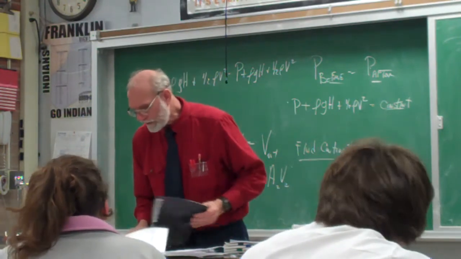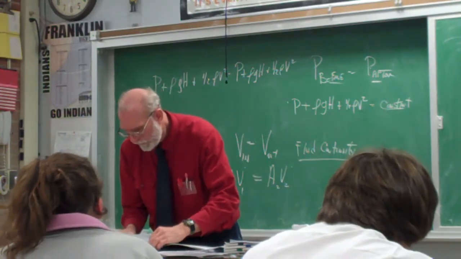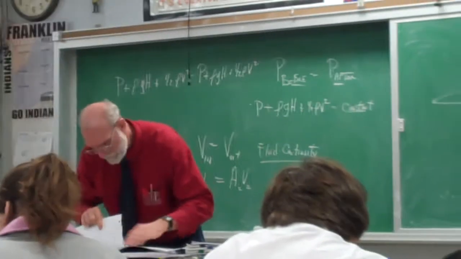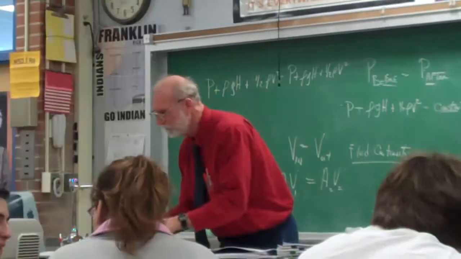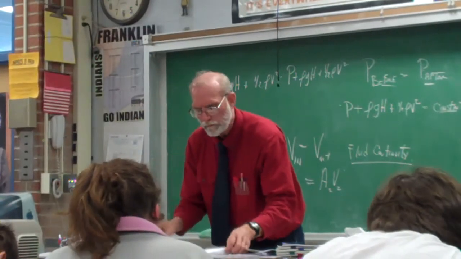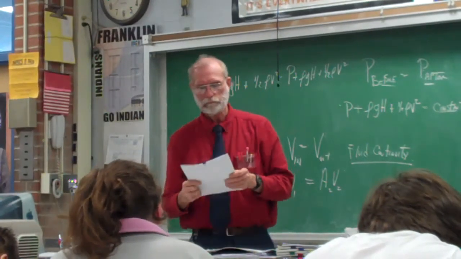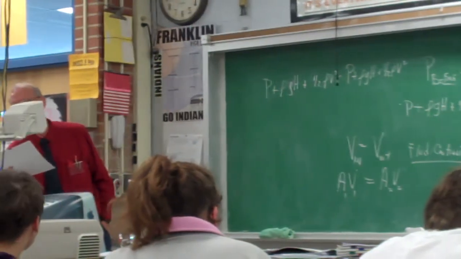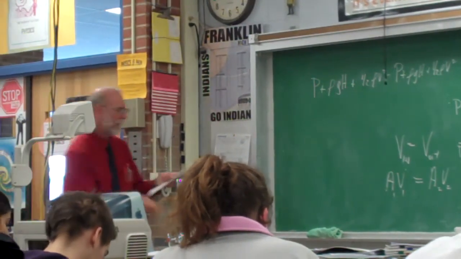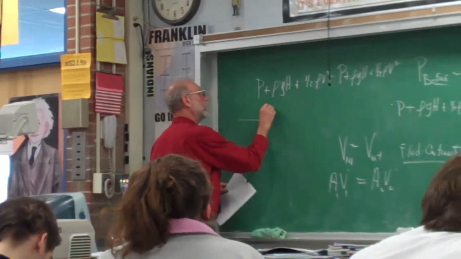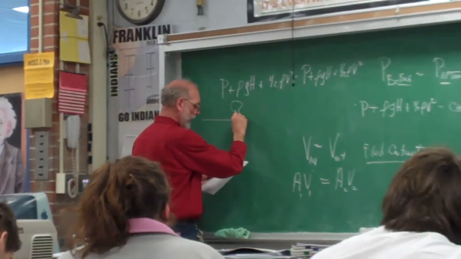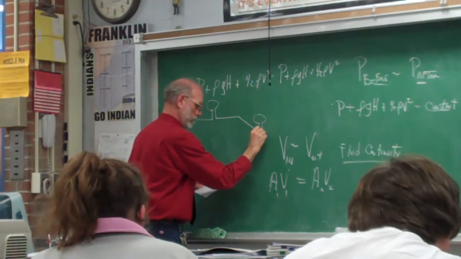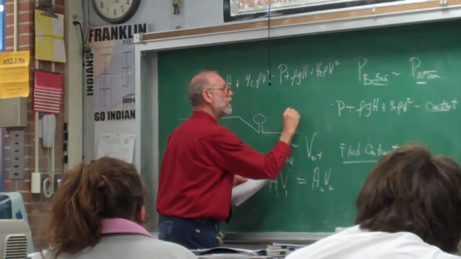Now, if we take a look at the problem on the front page. Water flows through a non-uniform pipe. The initial velocity of the water as it enters the pipe is 5 meters per second. So here's my pipe. There's my pressure gauge. And then I have another pressure gauge down here, and another pressure gauge over here.